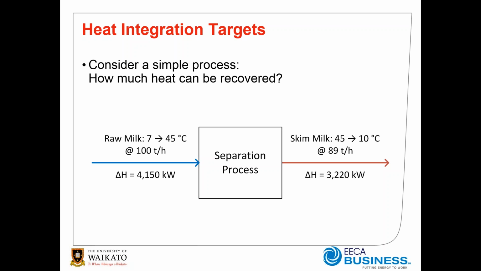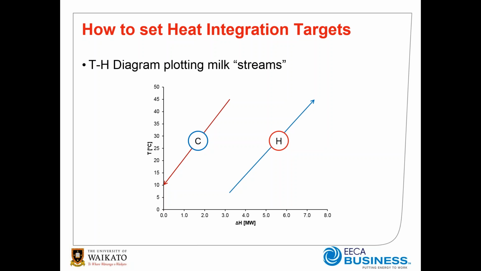So if we look at the question here, it's how much heat can we recover in this process? So we can plot these two streams onto the temperature enthalpy diagram. If we plot them as shown, we can use a heater and a cooler to apply utility and achieve the various demands for utility for the two streams. Of course, this is very inefficient use of energy.